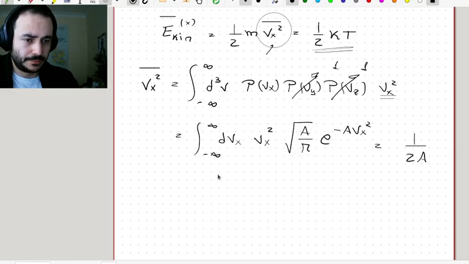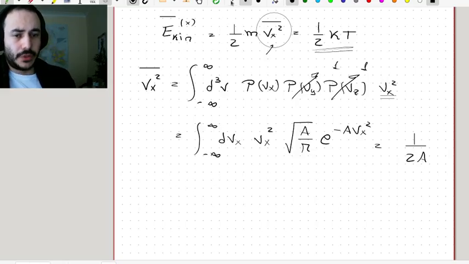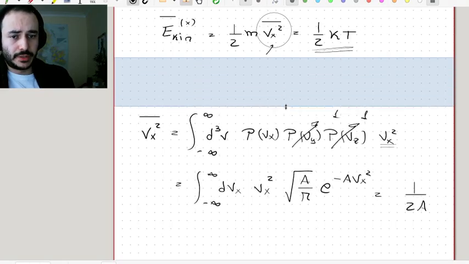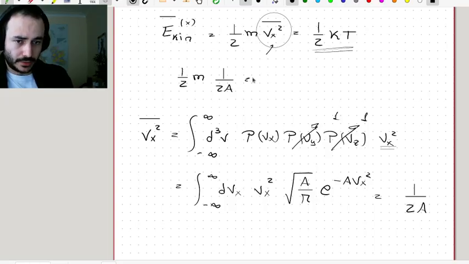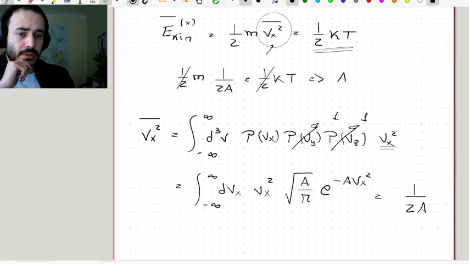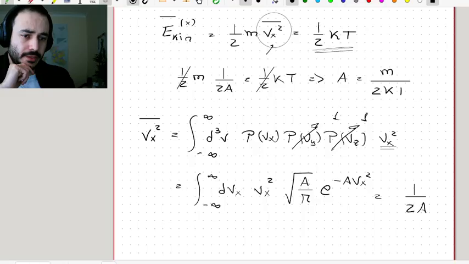So coming back to this expression above that we had written, we know that 1/2 of the mass times this thing averaged, which is 1/2a, equals 1/2 of kT. So this goes with that, and what you find then is that a equals m divided by 2kT.